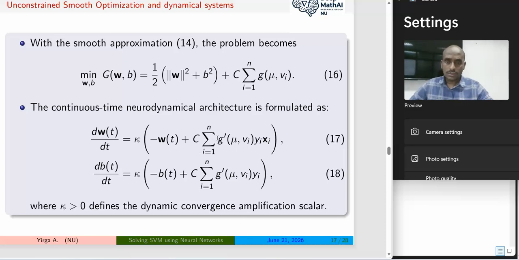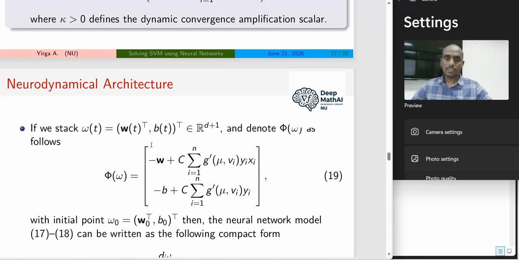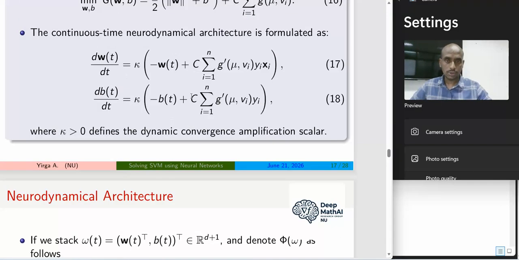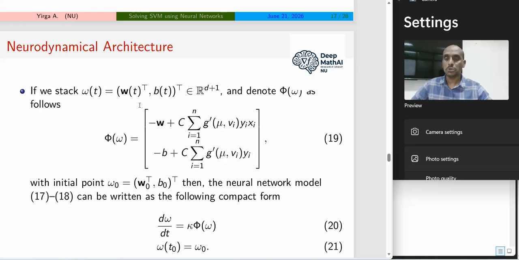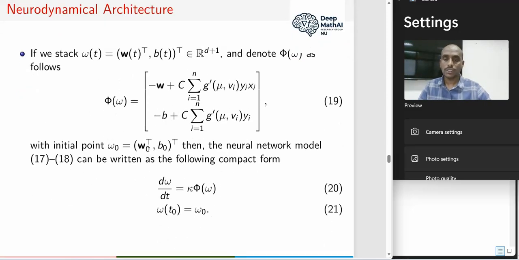So we propose this gradient based neurodynamics 17 and 18, and we concatenate these two models into one by just stacking. Then finally we get this model, the model 20 to 21.